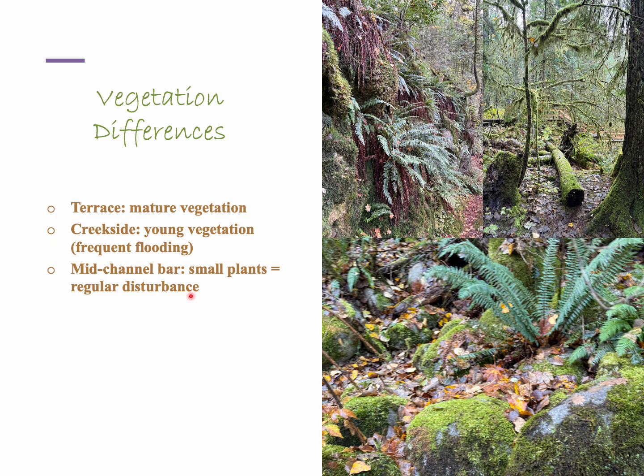At Creekside, we have young vegetation, like small trees, as compared to the terrace, and we saw some evidence of frequent flooding in Creekside. At Mid Channel Bar, we saw small plants, which was evidence of regular disturbance in this area.